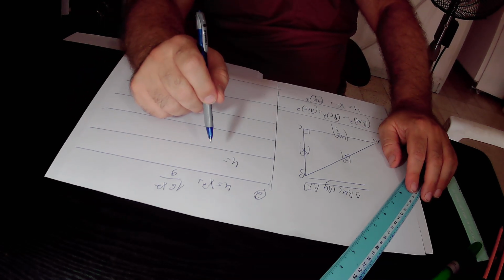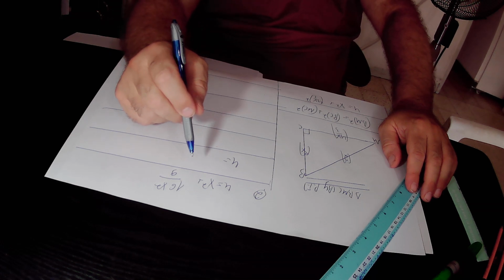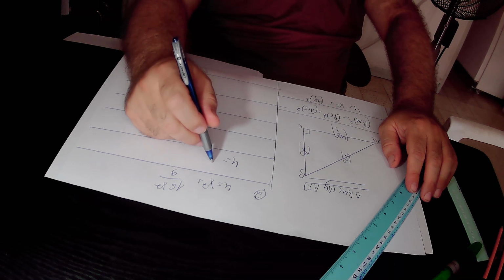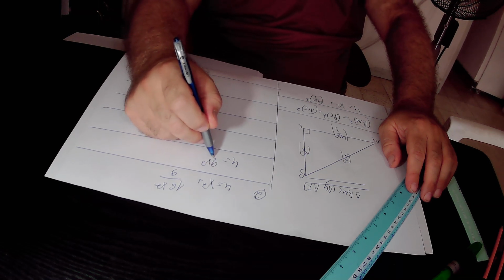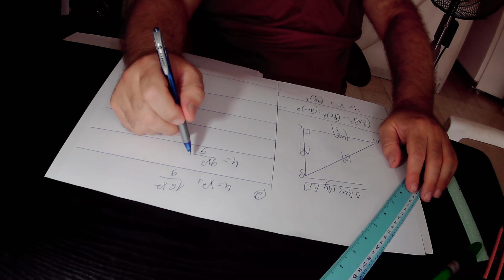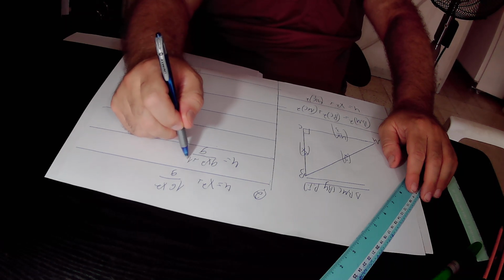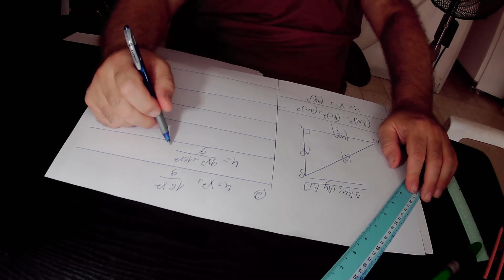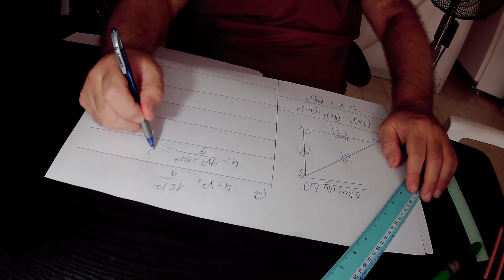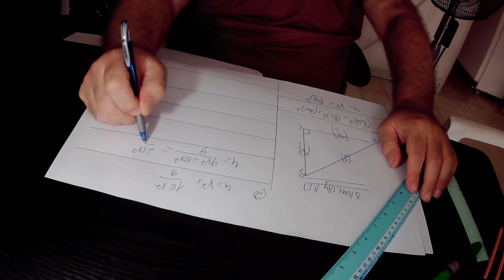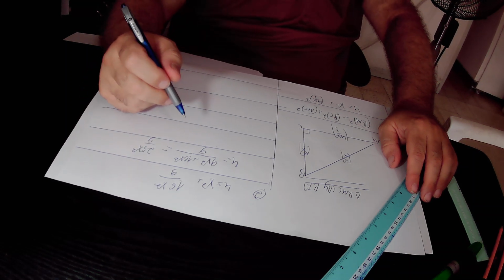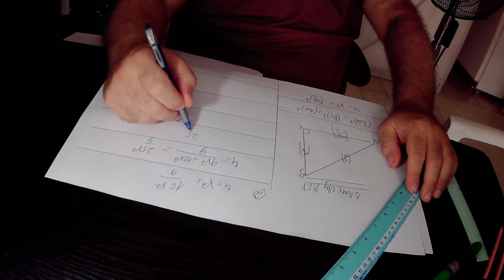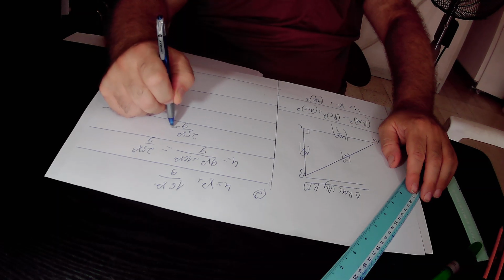We multiply x squared by 9 and divide it by 9 in order to have a common factor, and we get 9x squared over 9 plus 16x squared over 9 equals 4. So 9x squared plus 16x squared is 25x squared over 9 equals 4.